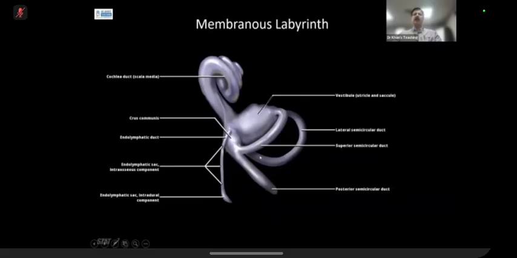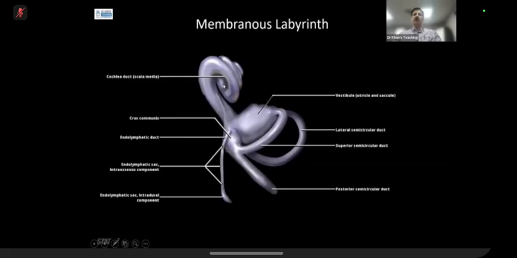Inside is a fluid-containing structure, known as the membranous labyrinth. Some of the names are common, for example cochlea and vestibule. The fluid will be well seen on MR and the bony component will be well seen on CT scan.